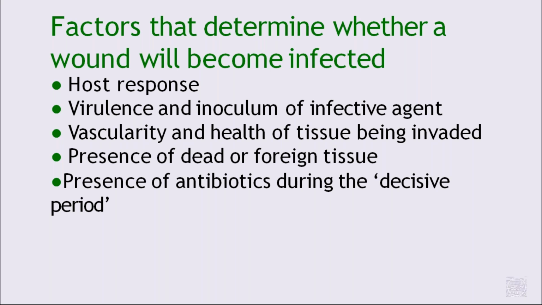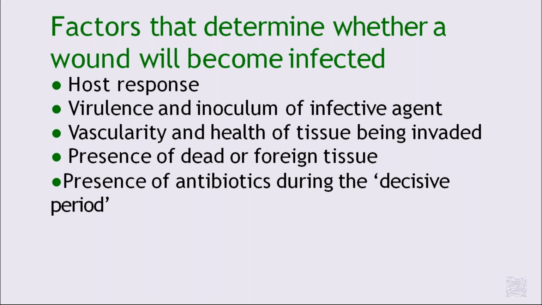For example, if you are removing benign breast lumps, the main important thing is to preserve the vascular structures, that is any blood vessels surrounding the fibroadenoma. You should mainly preserve the vascularity of that tissue. Then the presence of dead or foreign tissues, and the presence of antibiotics during the decisive period.